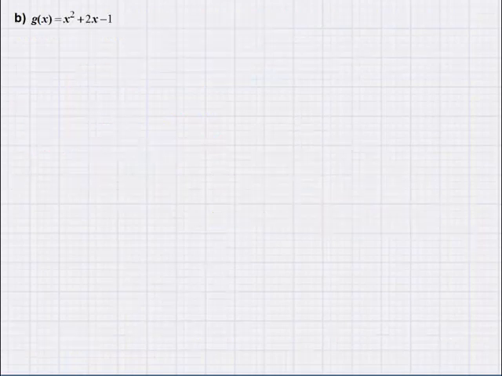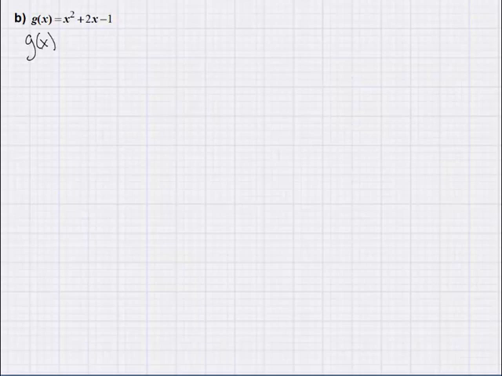g of x equals x squared plus 2x minus 1. So if I want to find the difference quotient, first thing I'm going to have to do is find g of x plus h. So that's going to be x plus h squared plus 2 times x plus h minus 1.